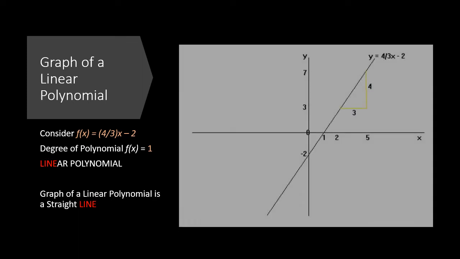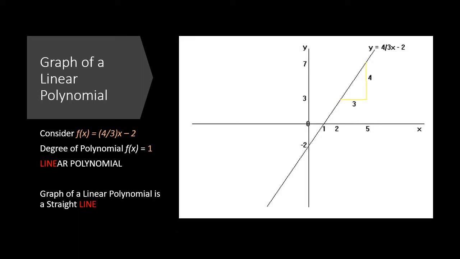Now at this point, I'm assuming that you know what rectangular coordinates are and how to plot those points on a graph. So the graph of a linear polynomial is a straight line. Let's see. Here you can see a graph with the horizontal axis called the x-axis and the vertical axis called the y-axis.